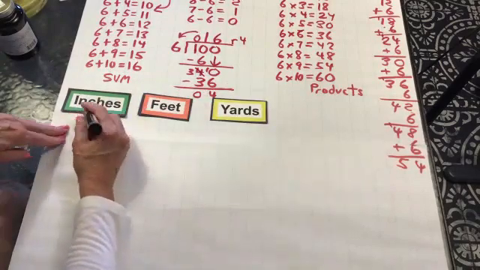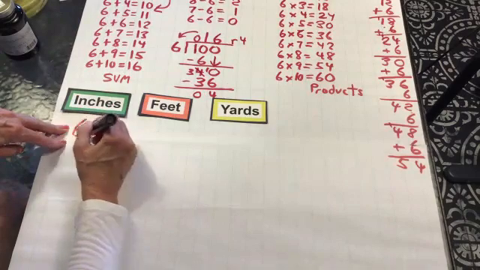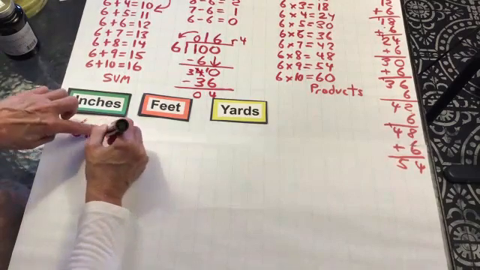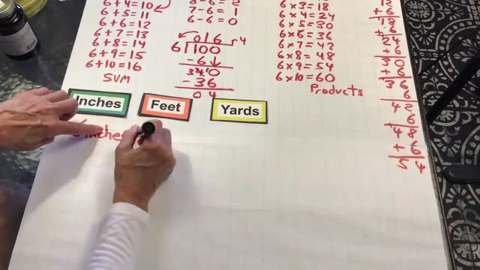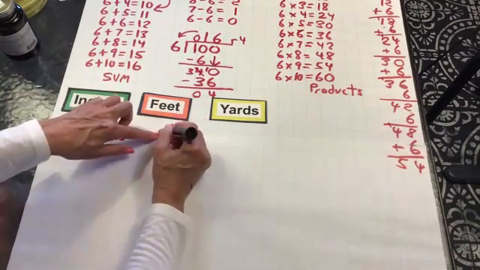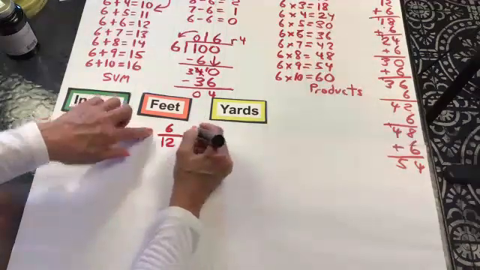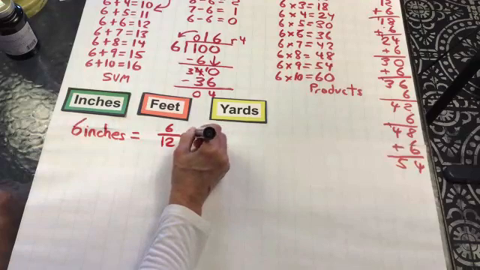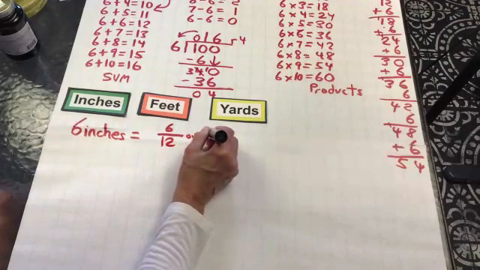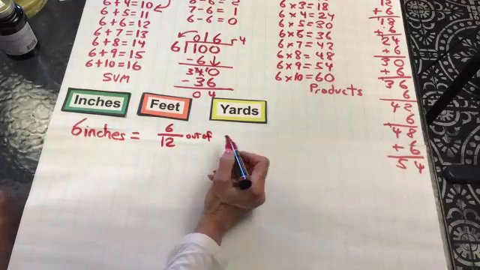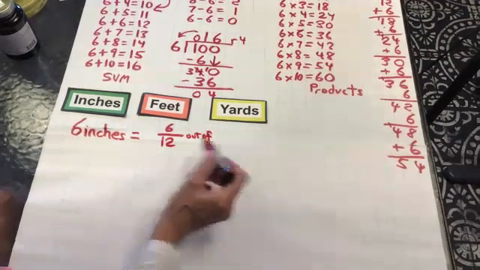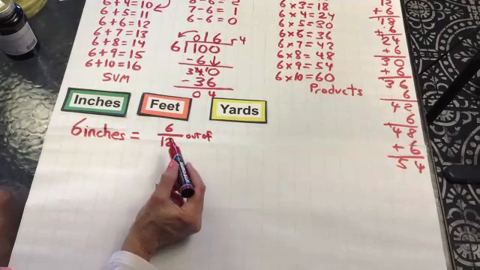So today is 6 inches, which equals 6 out of 12. So remember that this line here, any fraction, it just means out of. You might write those words right there. All right, 6 out of 12. Wow, 6 out of 12. Well, I don't know about you, but I know 6 is half of 12.